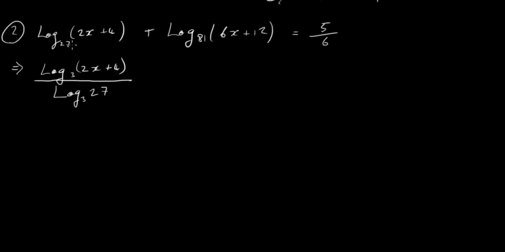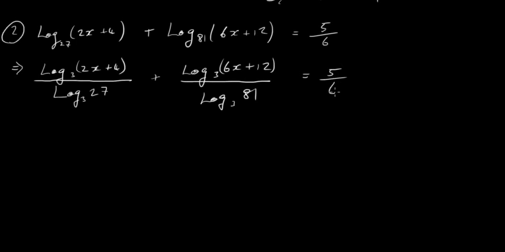So it's log of this to the base 3 divided by log this to the base 3. Now instead of a log of base 27 here, I've now got a log to the base 3. I'm going to do the same here. So this is going to be log 6x plus 12, again to the base 3. And that will give me log on the bottom here to the base 3 of 81, my original base. And that's equal to 5 over 6.